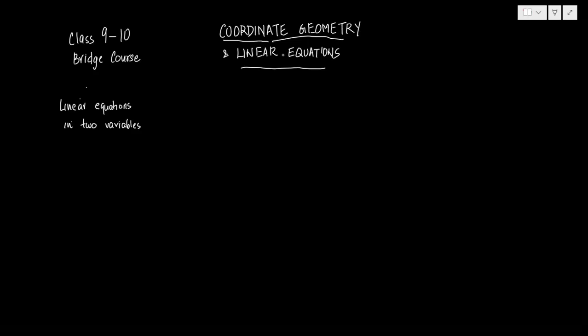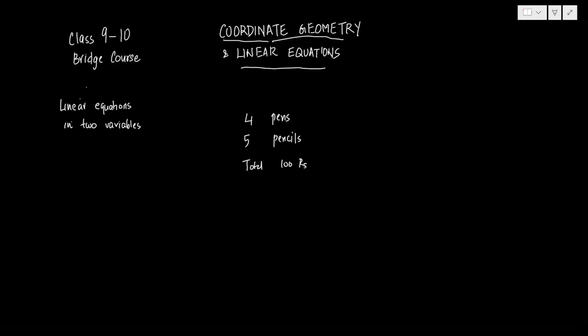Okay, so now let us start with linear equations. Linear equations in two variables. That is what this chapter is about. So what does that mean? Let us say you go to a stationery shop, you buy 4 pens, and you buy 5 pencils. Totally, you paid 100 rupees.